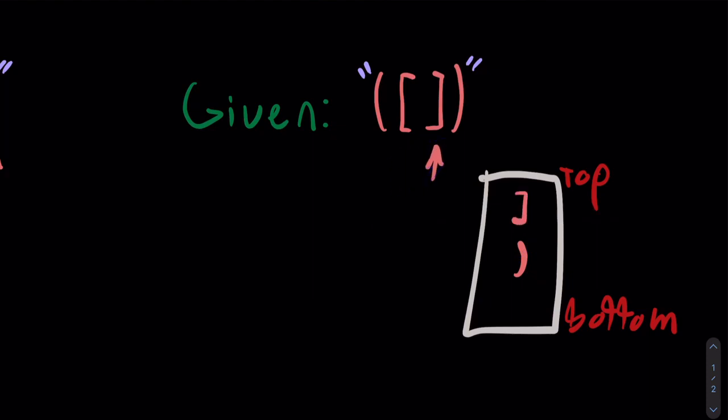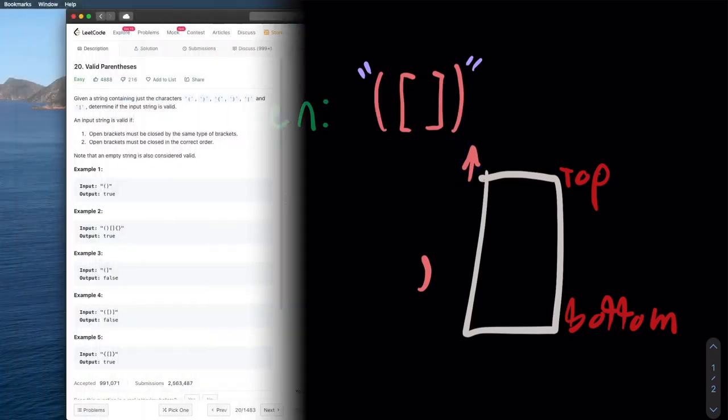The next character we see is a closing character, so we pop from the stack and check, does this character here match this character here? It does, so we don't do anything. The next character we see is a closing character, and so we pop from the stack. Does this character here match this character here? They do, and we reach the end of the string, and so we return true.